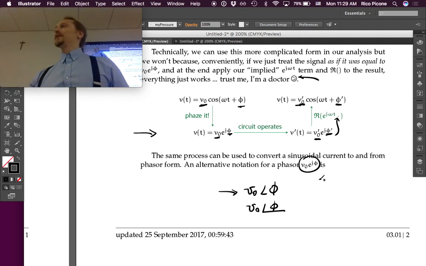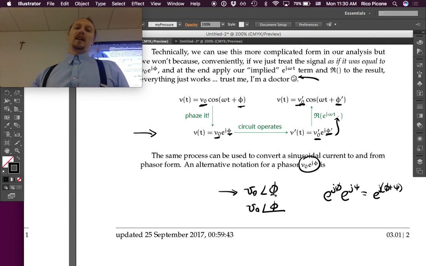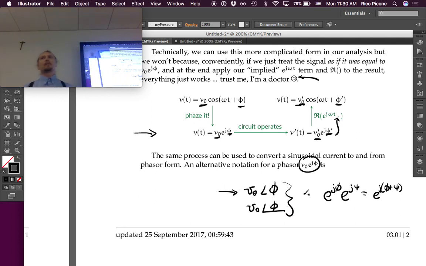Because it's an exponential. So for instance, e to the j phi times e to the j psi equals e to the j (phi plus psi). Nice. In the other form, you would have to remember that you add the phases and you multiply the amplitudes. In the exponential form, it's just follow the math rules that you already know and love, or at least like.